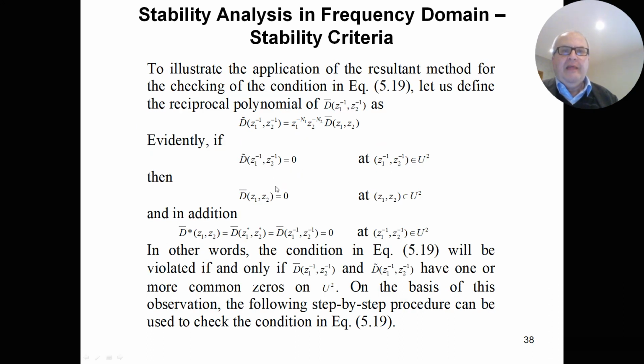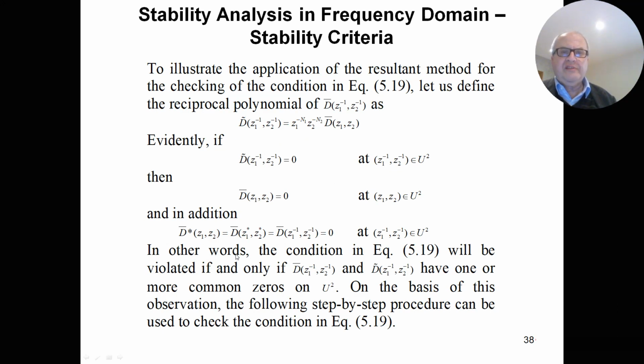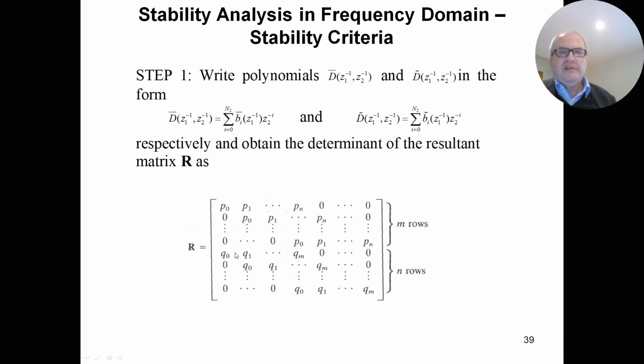Okay, this is very useful. We will extend this result to the two-dimensional case, but in the two-dimensional case these coefficients will now be functions of Z1 or Z2. So, stability analysis in the frequency domain has these steps.